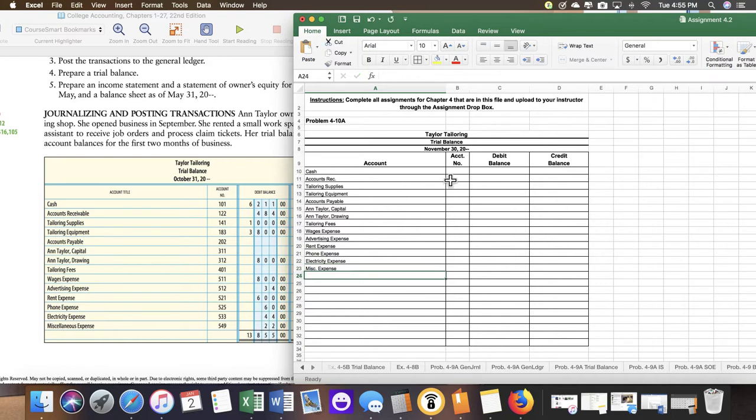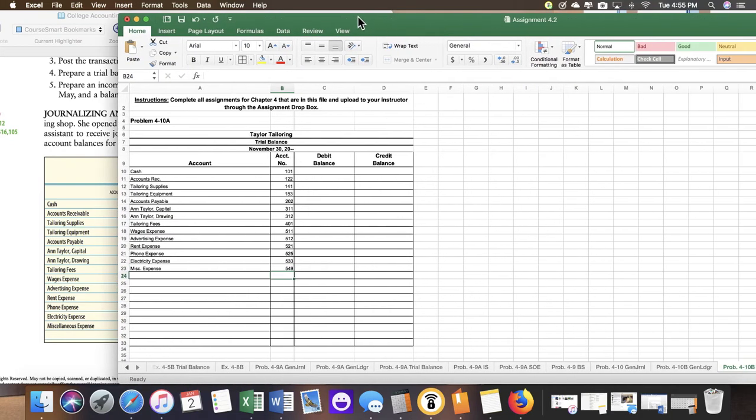Then we're going to go ahead and enter the account numbers. Okay, and we're going to take our information, our balances off of the general ledger we just finished.